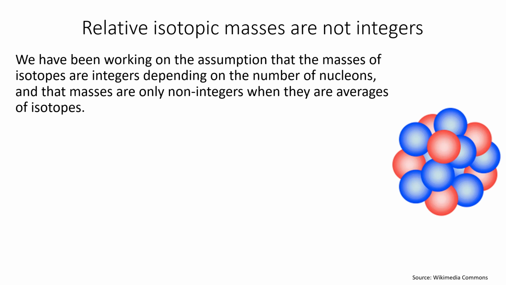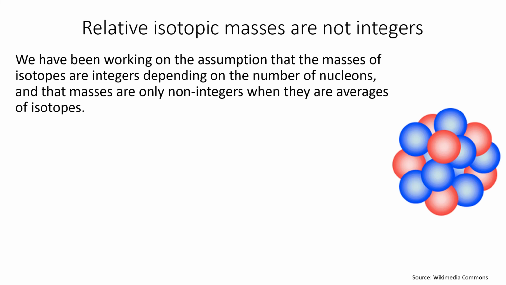And in fact, this kind of follows from our definition of relative atomic mass or relative isotopic mass. It's based upon the carbon-12 isotope being exactly 12 by definition. And so you might think, well, you could have chosen any element you like, they're all going to be equivalent.